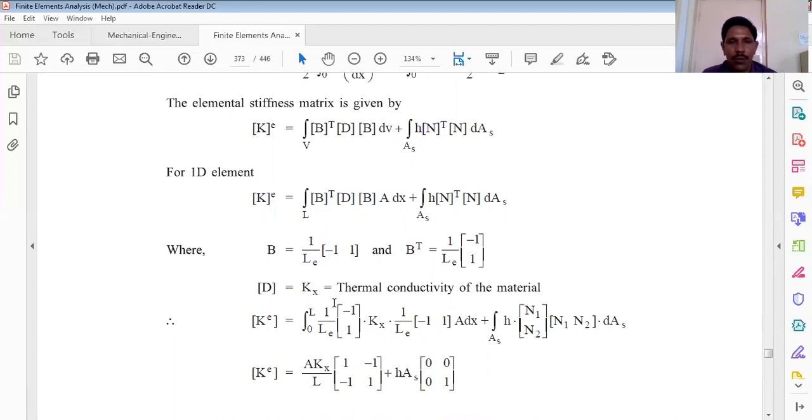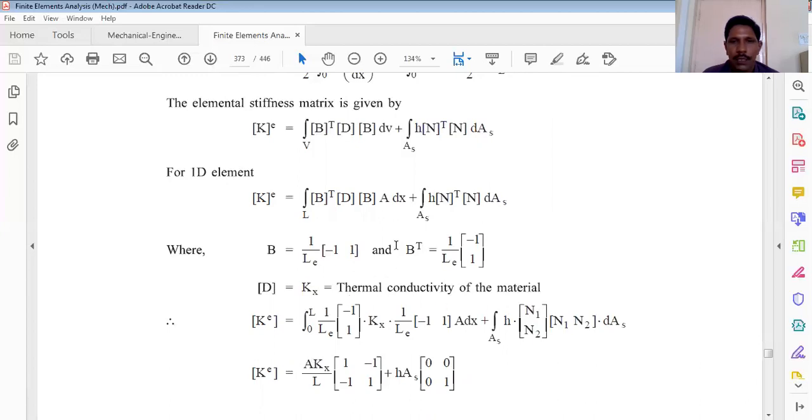So when you substitute the B value here, and when we replace this dx by 2 by LE, so that is, sorry, LE by 2.